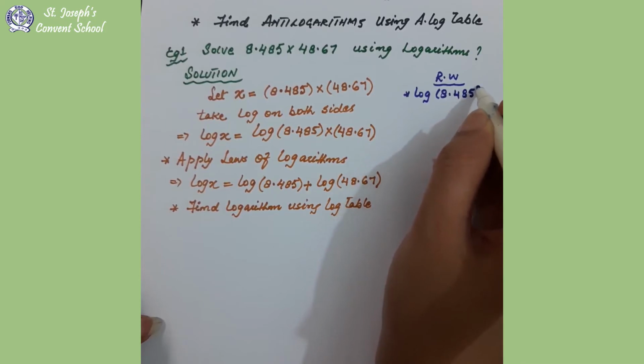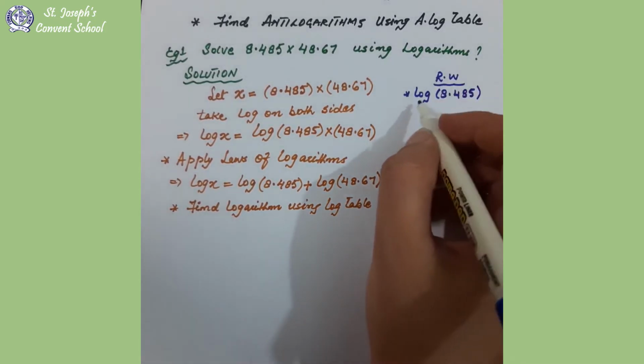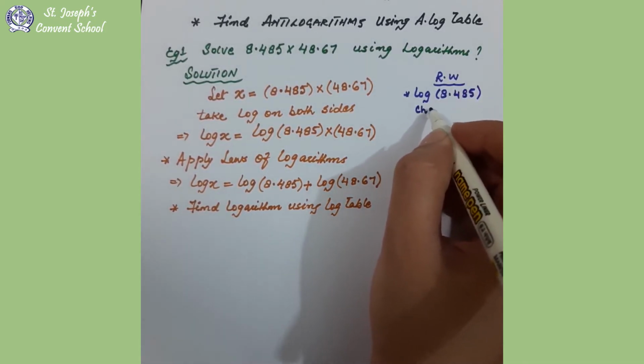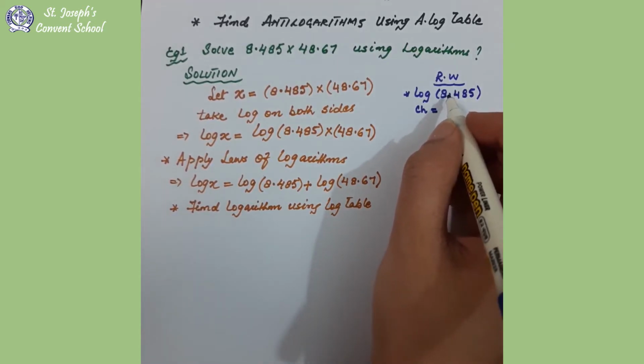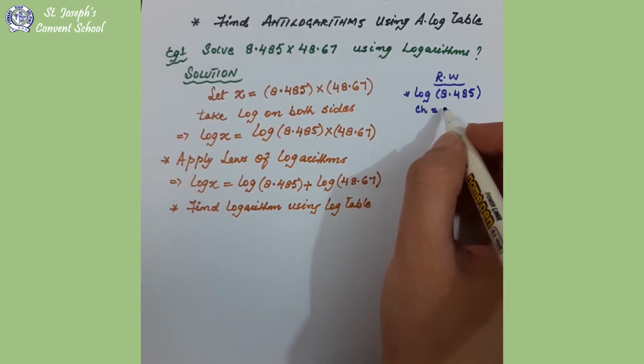In logarithm you find the characteristic and mantissa. Characteristic here is 0 because the decimal is already after the first digit. No need to shift the decimal anywhere, so we are not shifting it.